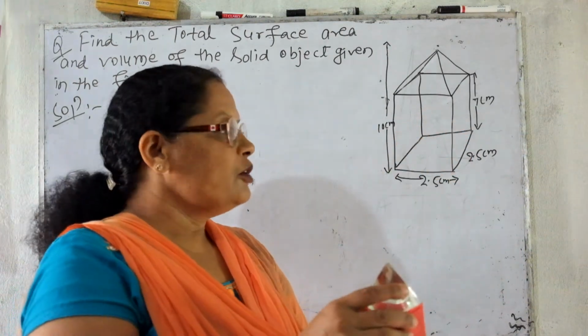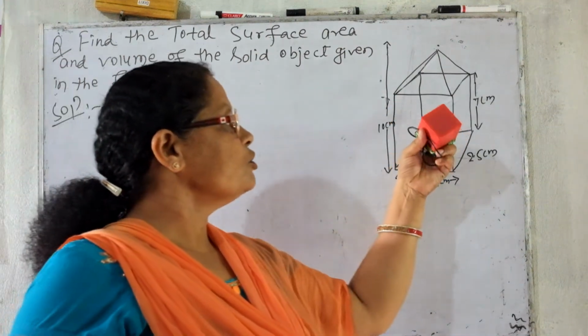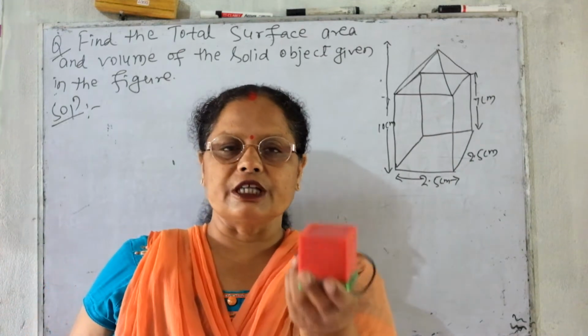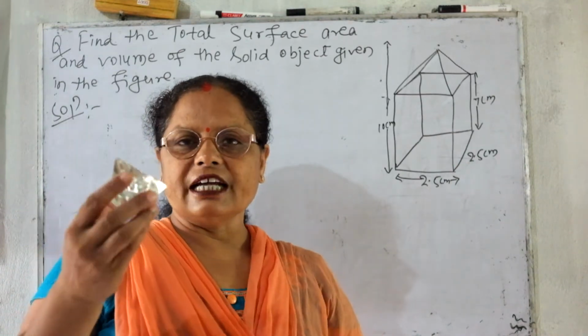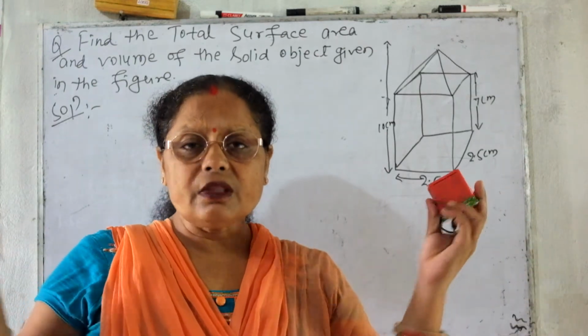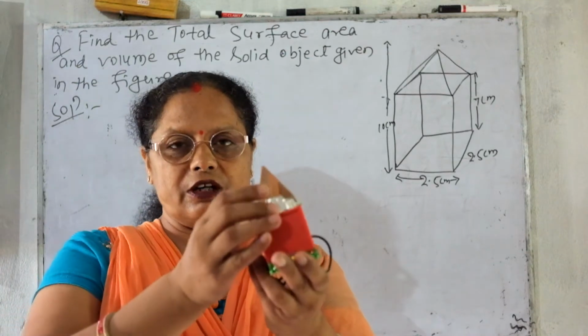To find the total surface area of this solid, first we should find the total surface area of the cuboid, after that the total surface area of the pyramid, and if we add both, that will be the total surface area of the solid.